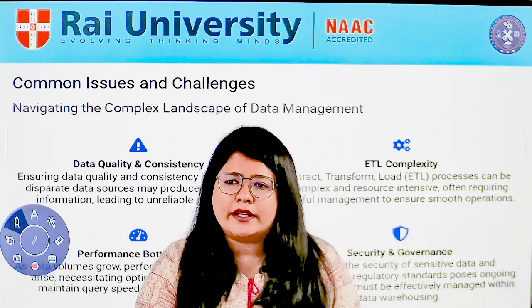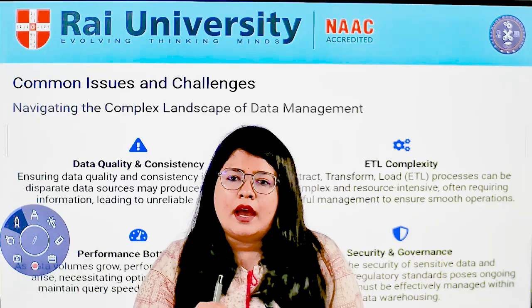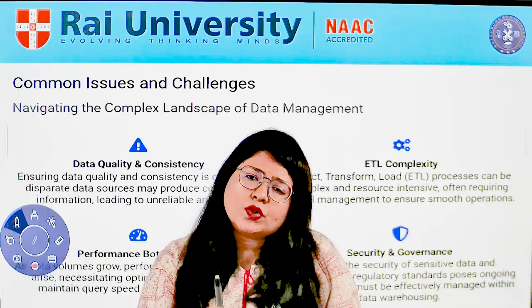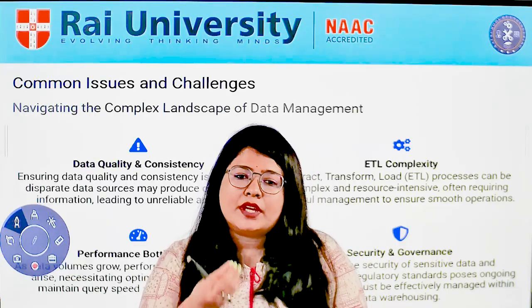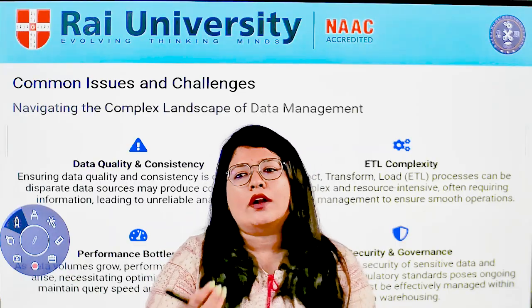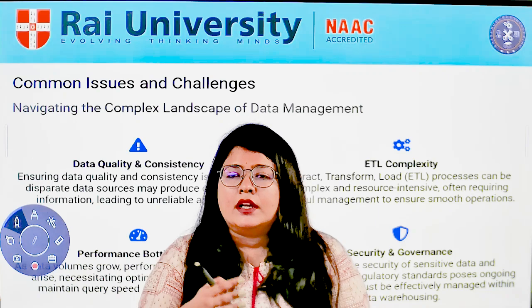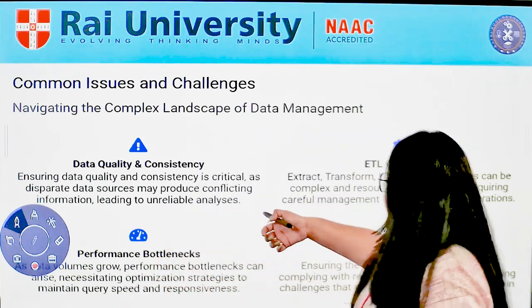It will do basic data integration, data sorting, or data arranging. While doing aggregation, it is possible we lose some crucial data or data quality may be affected. So this is the main challenge we face.